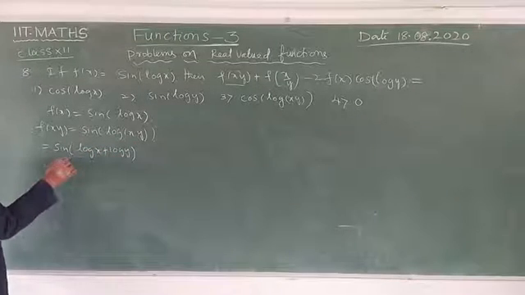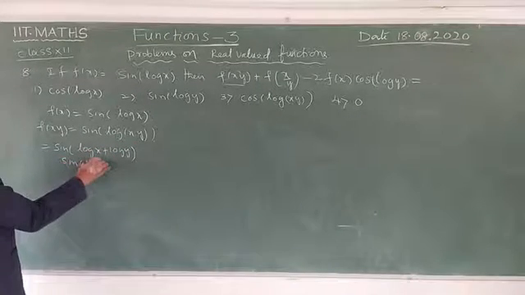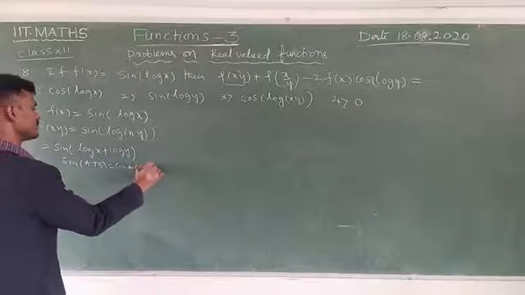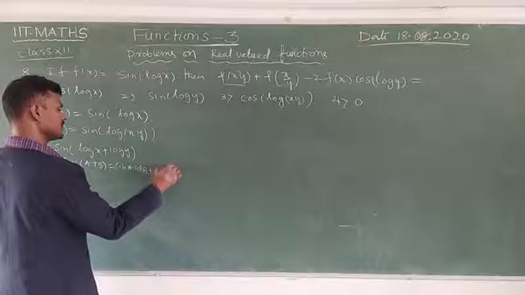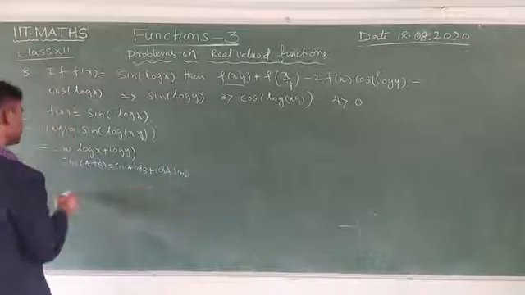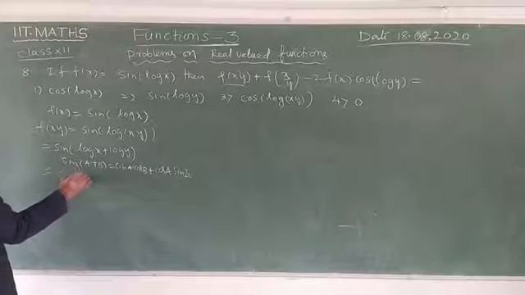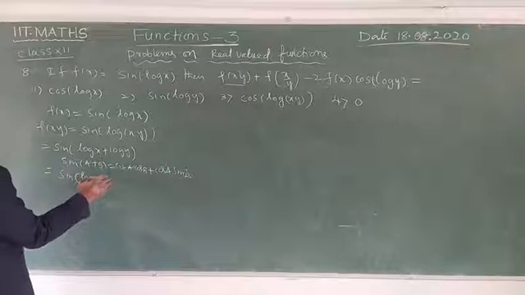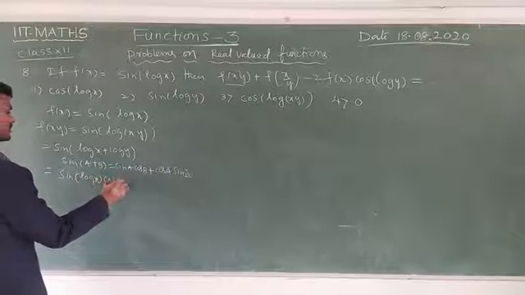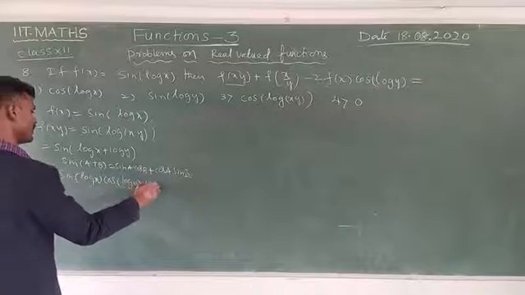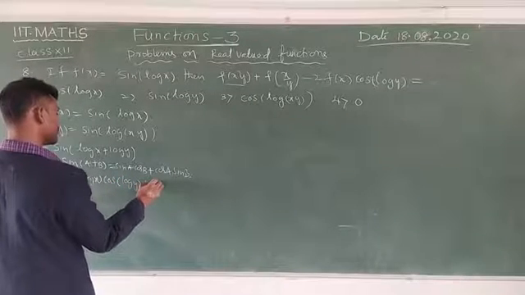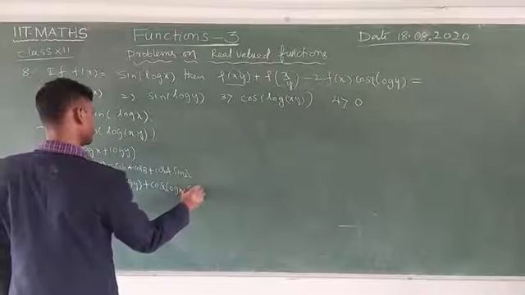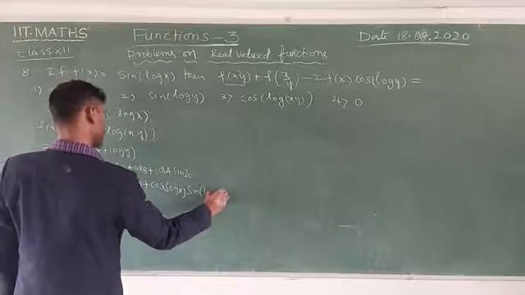Now this is the sine a plus b formula. Sine a plus b is equal to sine a cos b plus cos a sine b. Now see here, sine of log x cos of log y plus cos of log x into sine of log y.